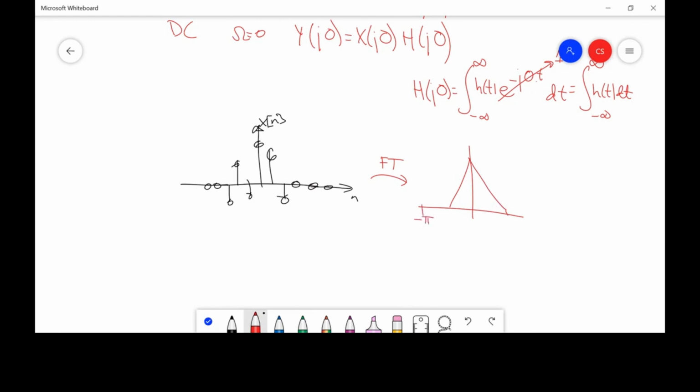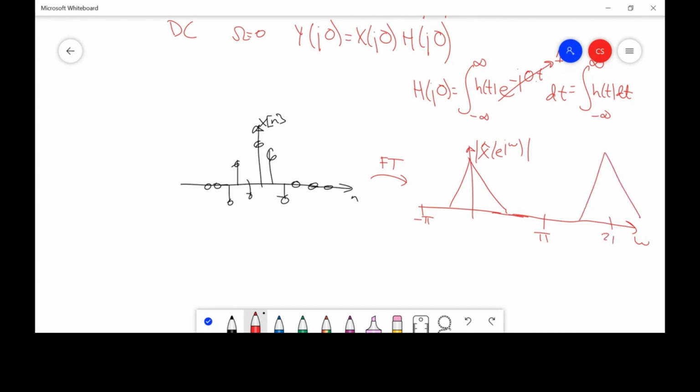Always remember to label your axis. I made a mistake here. This is not 5; 5 should be a little bit farther. Okay, so this is my Fourier transform. Because this signal is discrete, the transform has to be periodic.